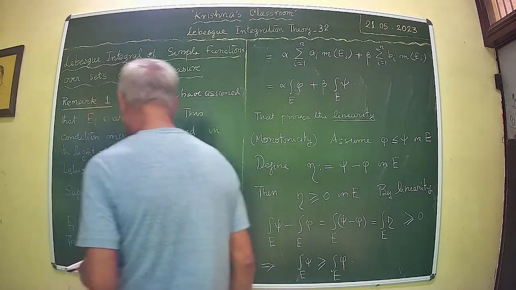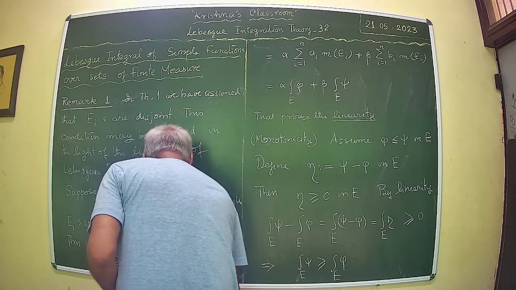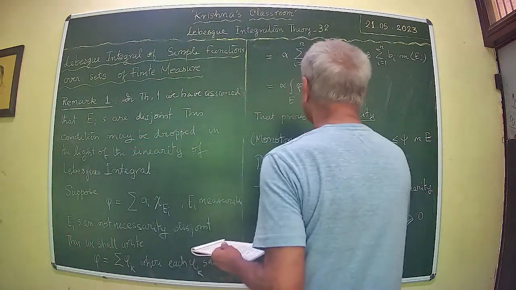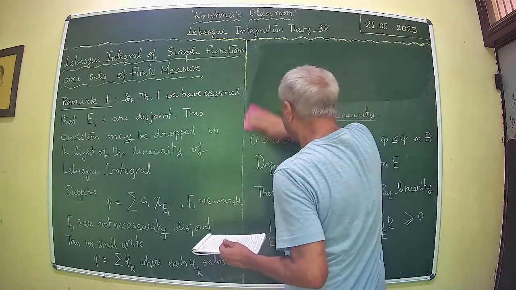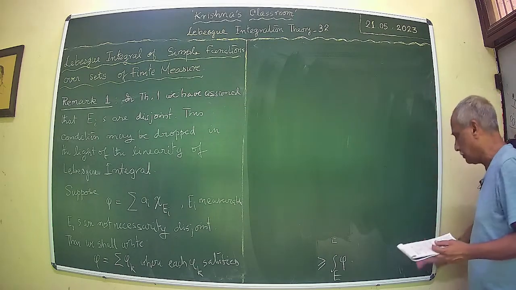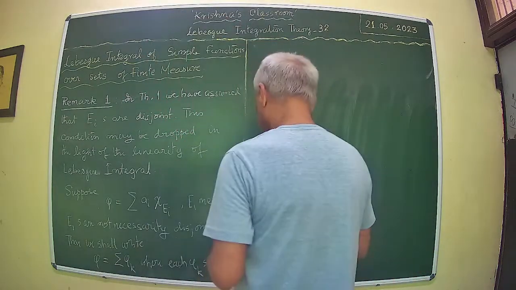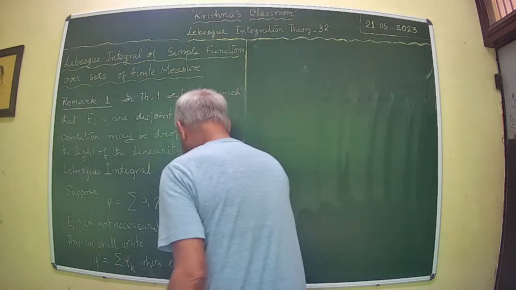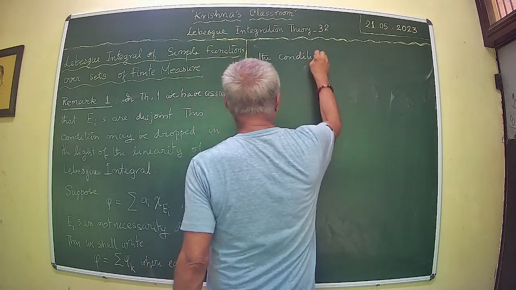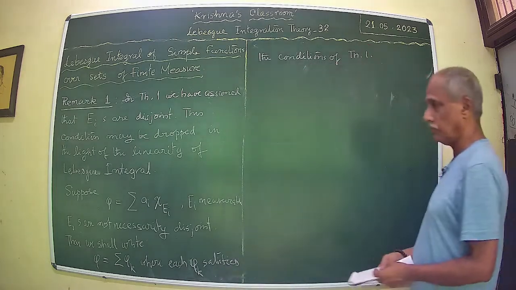It's a finite sum where each phi k satisfies theorem 1.